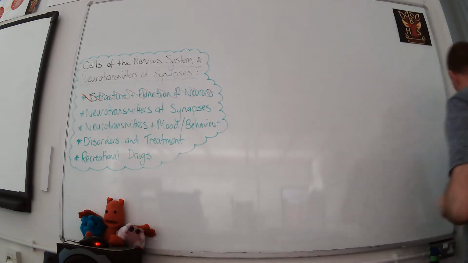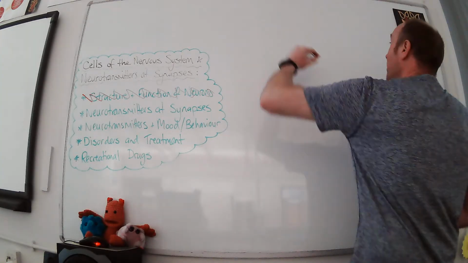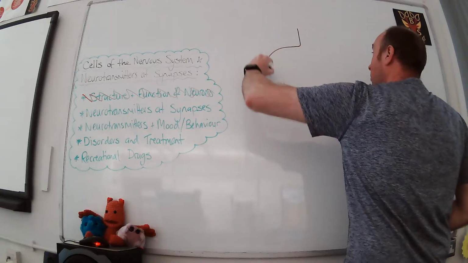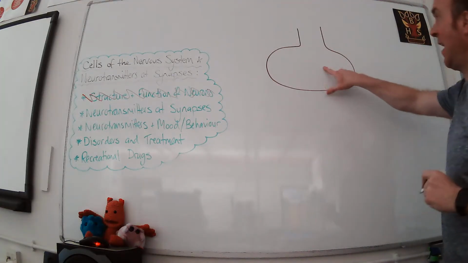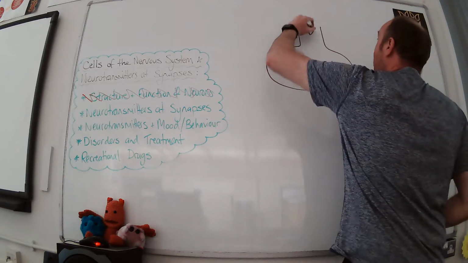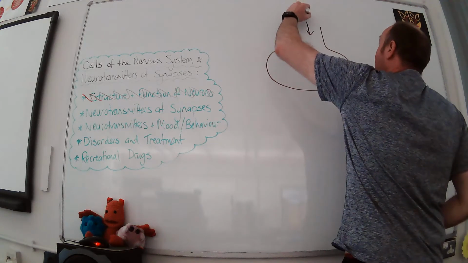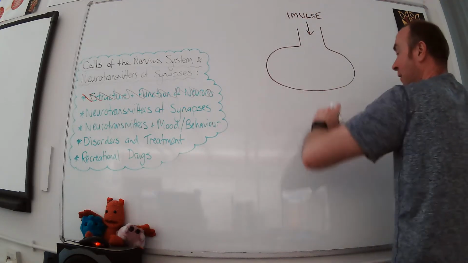Right, on to neurotransmitters at synapses. What I'm going to start off by drawing is a very close up. I'm going to draw an axon terminal, so that's the very end of the nerve cell. So we have an impulse, potentially being sent down, and this is the end of the nerve.